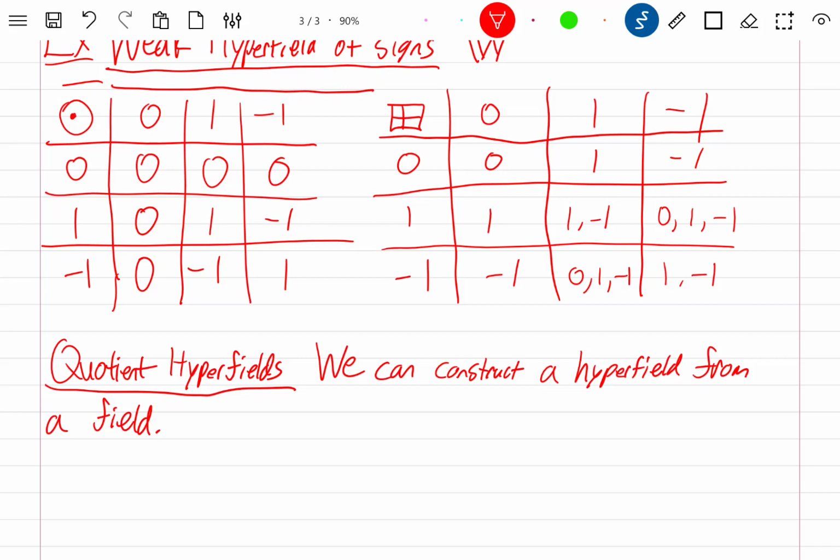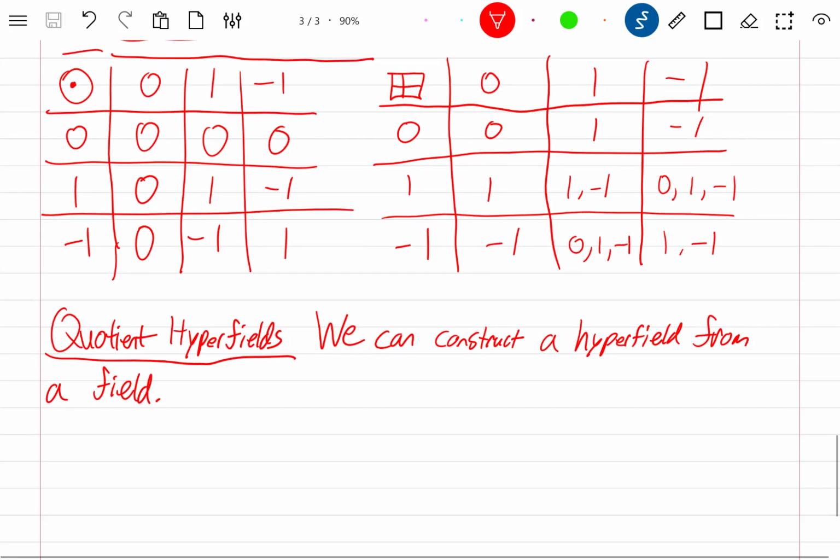Krasner originally came up with this construction, and he actually had conjectured that all such hyperfields can be constructed in such a way. So every hyperfield is a quotient hyperfield. However, it was Massner, I believe, who proved that there exist non-quotient hyperfields.